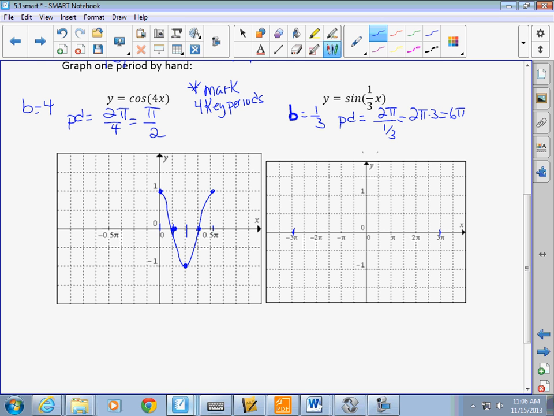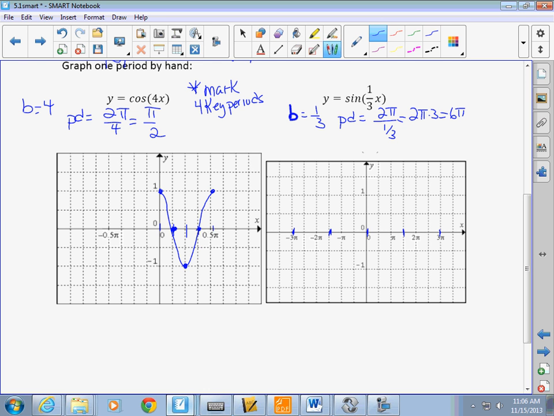Okay, so then that means if I divide this into my quarter sections, this is a sine, so that'll be 0. So here would be where one of my key sections would be, then at 0, and then there, and then at 3 pi.